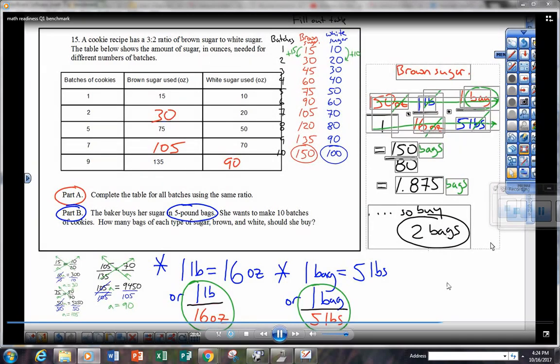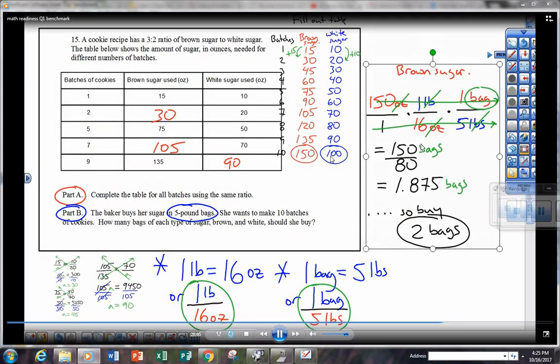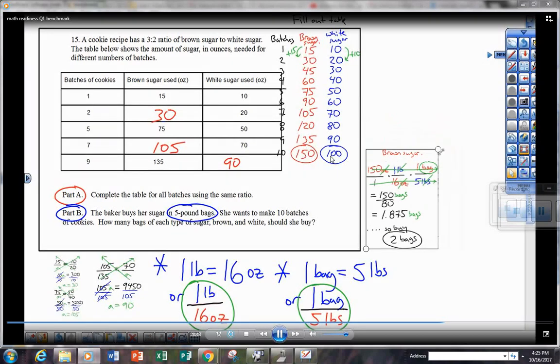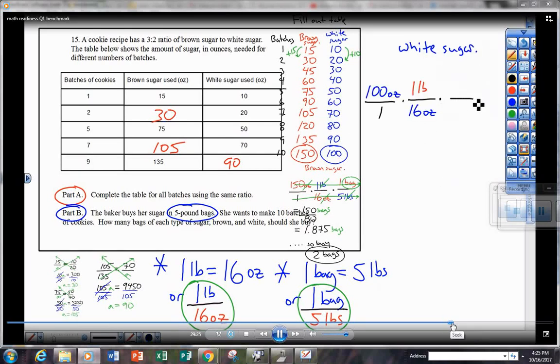So now for the white sugar, I'm going to do the same but with 100. I'm going to change 100 from ounces to pounds, and then I'm going to change it from pounds to number of bags. So 100 ounces over 1, because that's just the whole number.